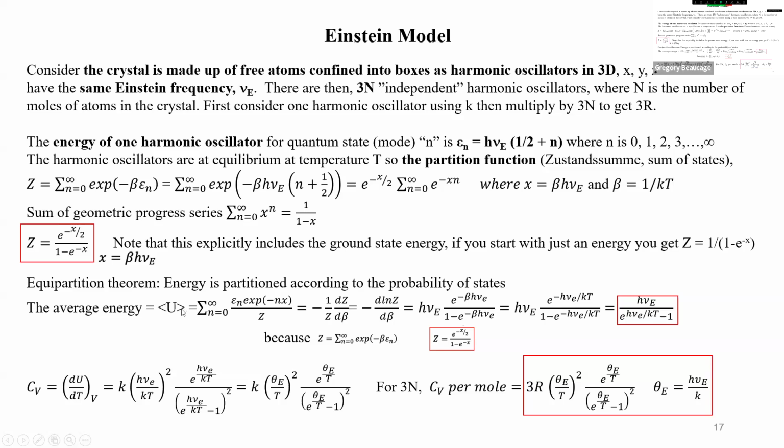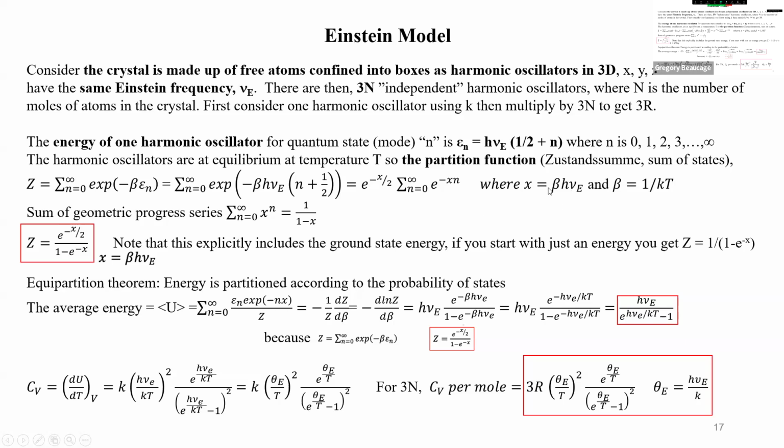you can get the average energy. If you want to get the average of anything, you would take your thing and then multiply it by its probability, which is this Boltzmann factor. So x here is like 1 over the temperature, right? And each of our frequencies is n times the frequency.